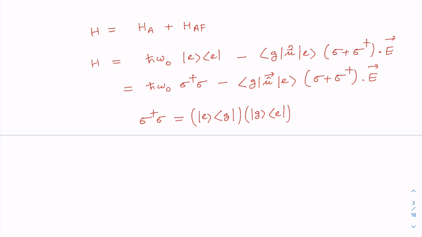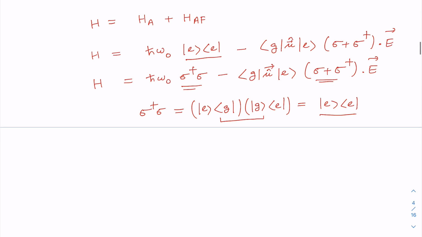Then you see that this is a scalar product of the kets z, and that would be equal to 1. Then we'll be left with this here, and this is exactly this one. So that's the reason I can write the full Hamiltonian exclusively in terms of these atomic raising and lowering operators.